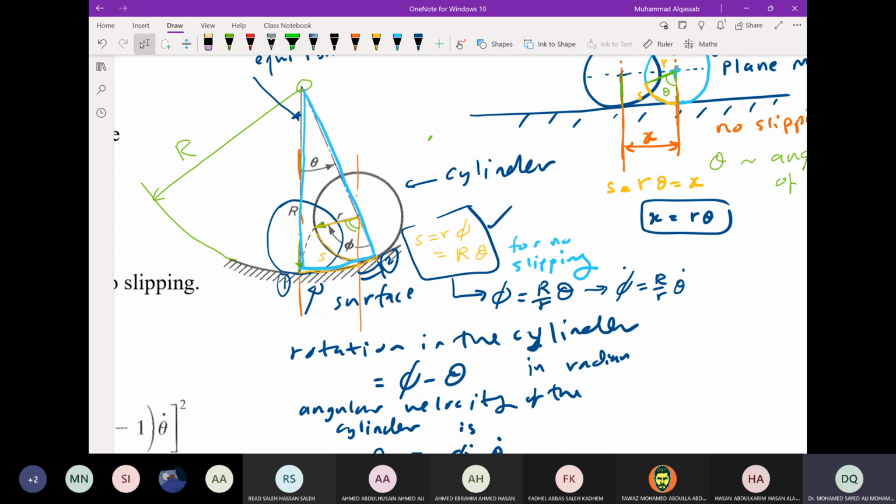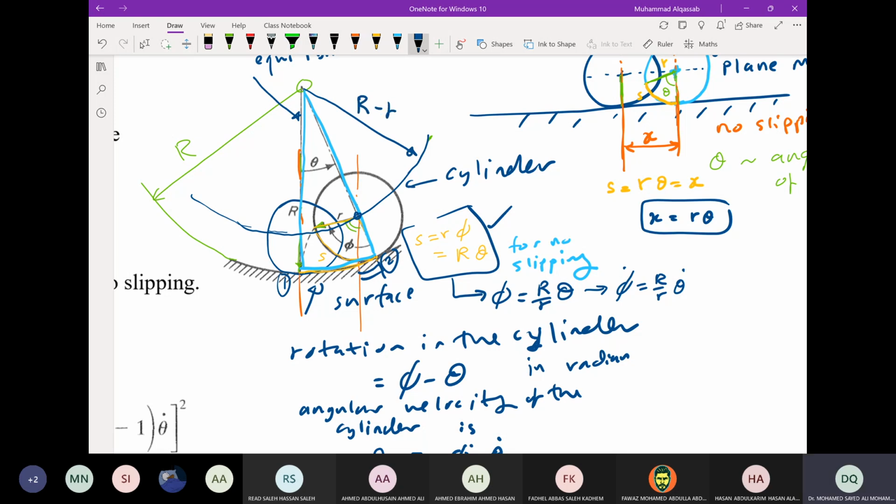The center of gravity is this point, and it is moving in a circle, a circle of radius capital R minus small r.